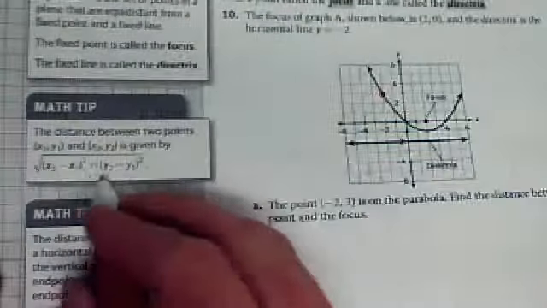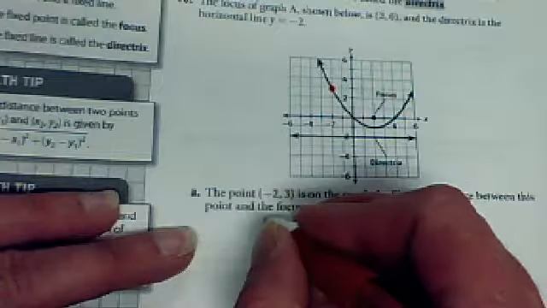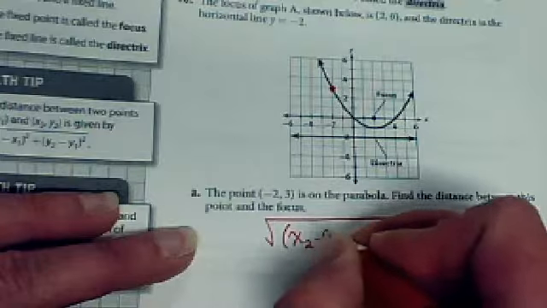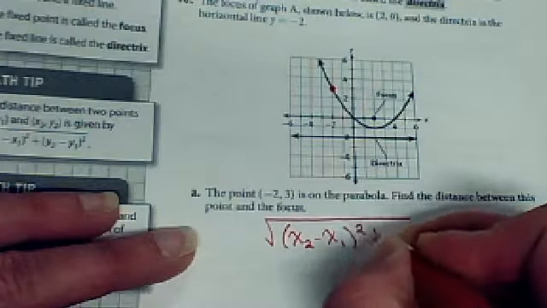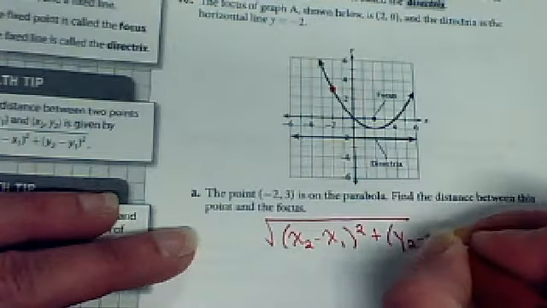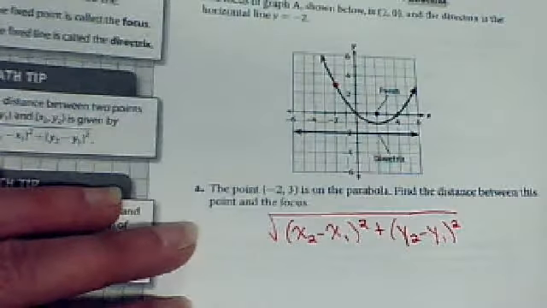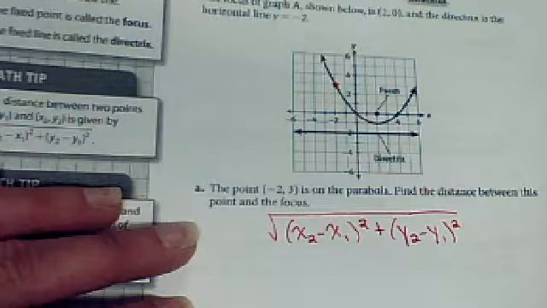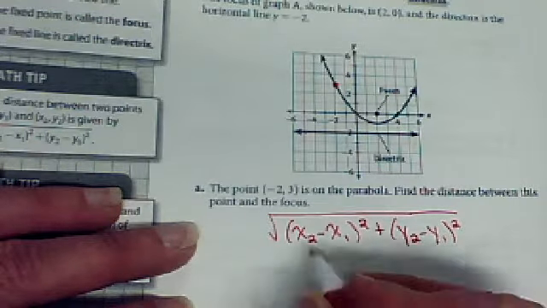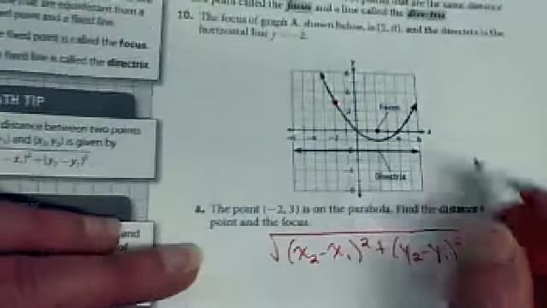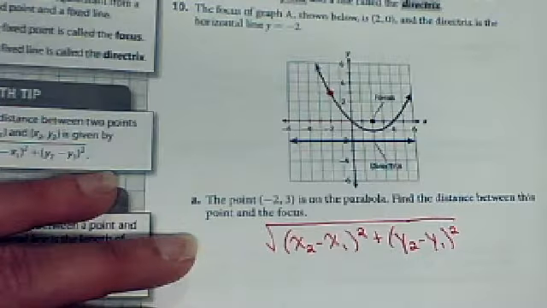So remember, we have the distance formula. The distance formula is the square root of (x2 minus x1) squared plus (y2 minus y1) squared. We have (-2, 3), and our focus was the point (2, 0).